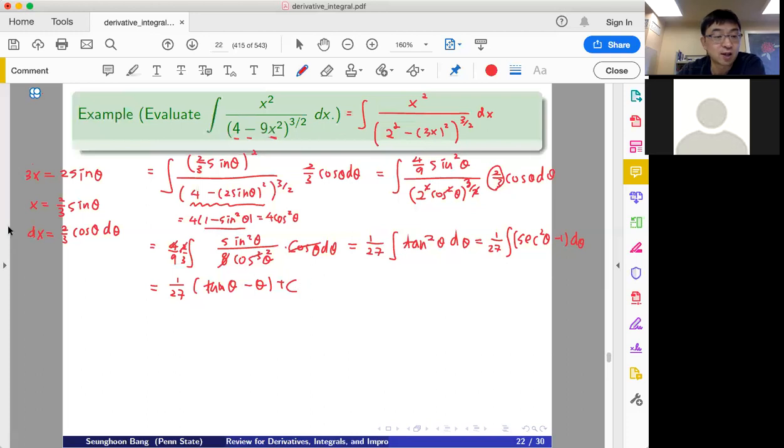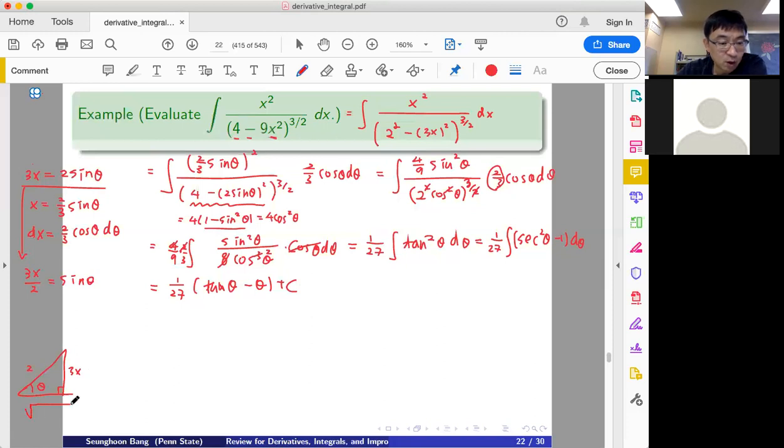The next step is to change back by using a triangle. How can I make a triangle? We can use here 3x equals 2 sine theta. You can change it by dividing by 2: 3x divided by 2 equals sine theta. You can draw a triangle. The sine theta is 3x over 2.